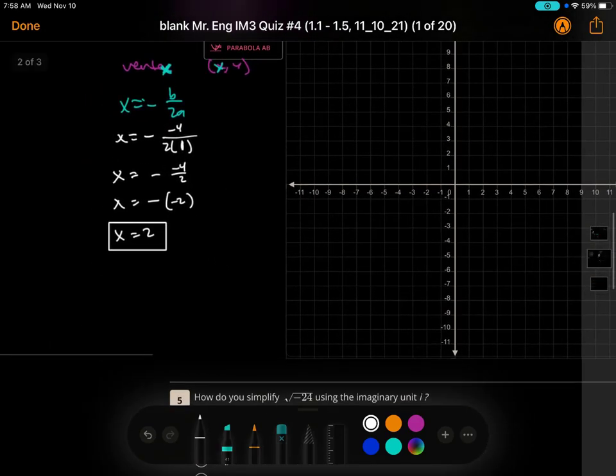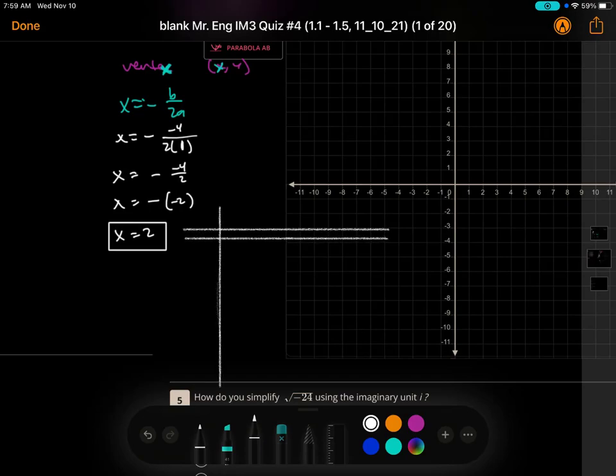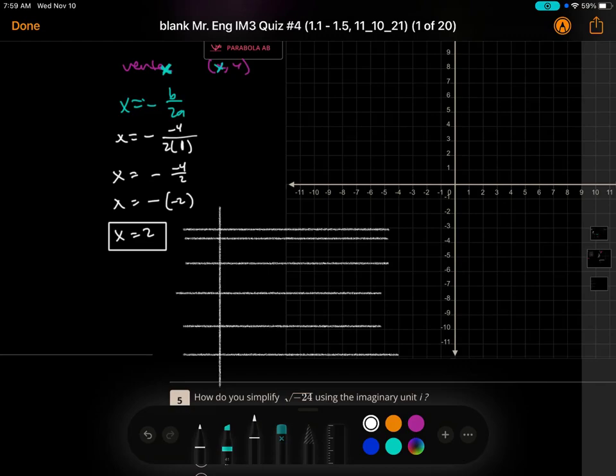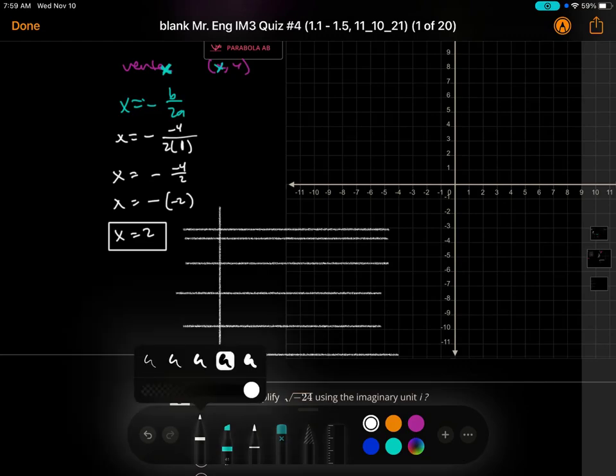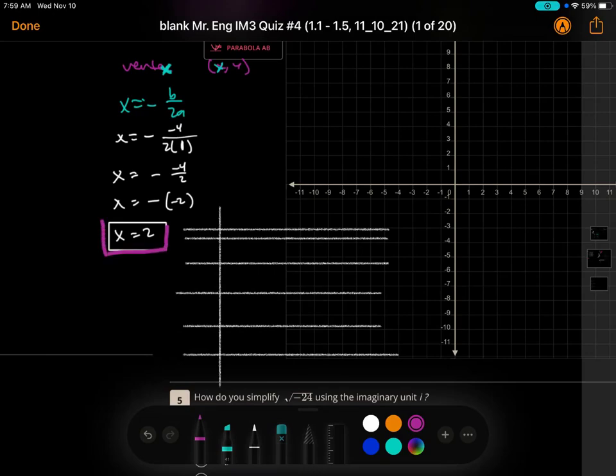Okay, so how do I use that in a standard form? Well, now I can complete a table of values. One, 2, 3, 4, 5. And this one here is so important, it must go in the middle here.